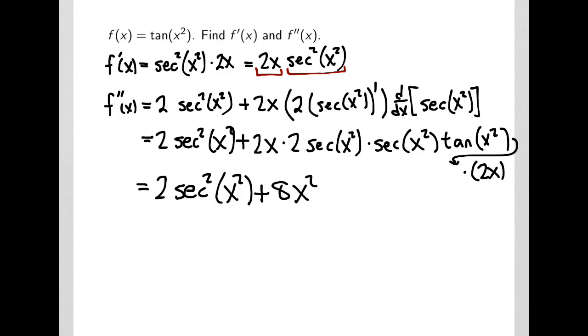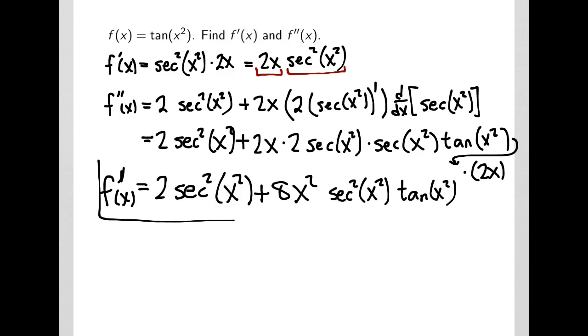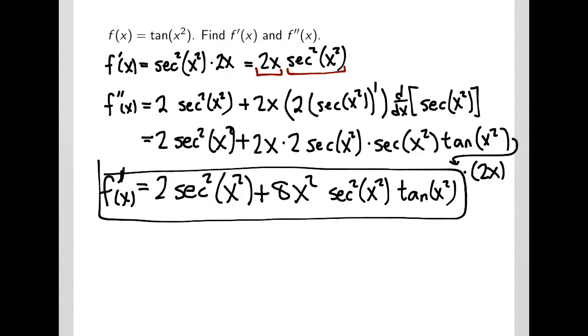I have secant of x squared, secant of x squared, so I'm left with secant squared of x squared. And I'm left with a lonely tangent of x squared. And this is the second derivative of our function. So we have our first derivative and our second derivative.